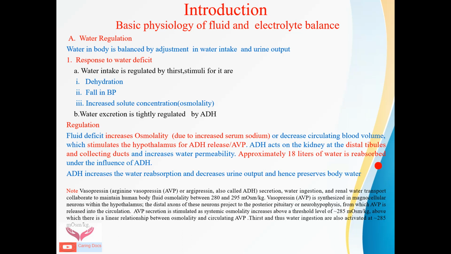So whenever there is a water deficit, or dehydration, or fall in blood pressure, or increased osmolality, the body's thirst center gets stimulated and there is increased secretion of ADH, and ADH causes reabsorption of sodium in the distal tubules and the collecting ducts, and there is increased reabsorption of water.